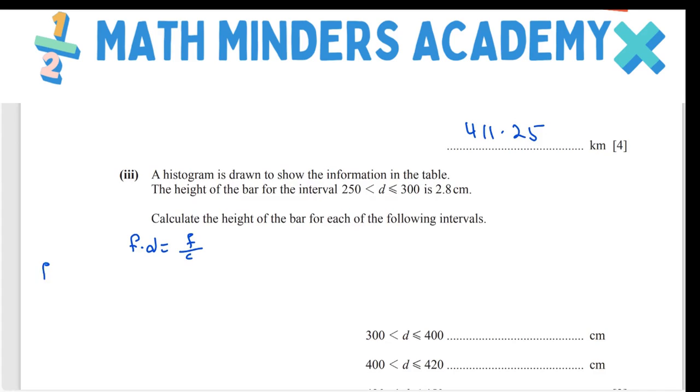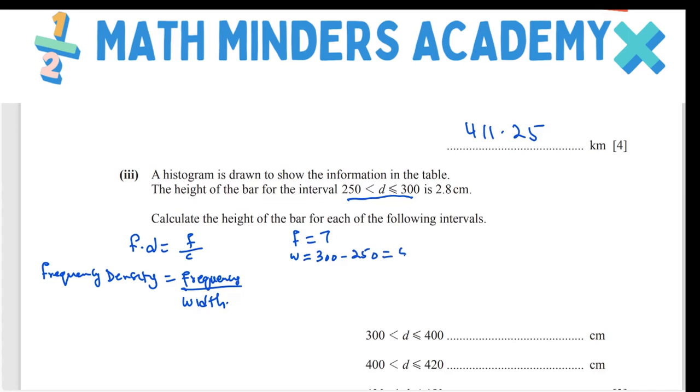So we say frequency density is frequency of the class over the width of the class. Now, for this very class here, the frequency is 7. The width is 300 minus 250, and that gives us 50. So the frequency density of this class is 7 all over 50.